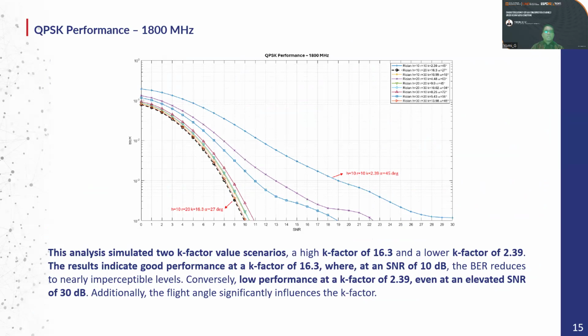Poor performance is observed with a K-factor of 2.39, where even at a high SNR of 30 dB, the bit error rate remains elevated. This suggests that under low K-factor conditions, the channel is more susceptible to multipath interference and fading.